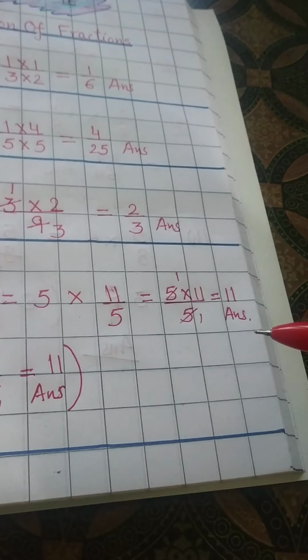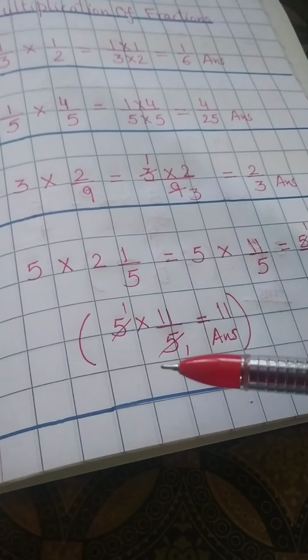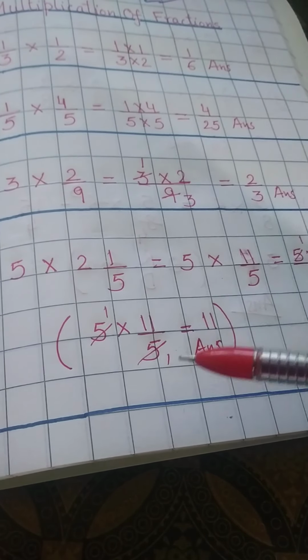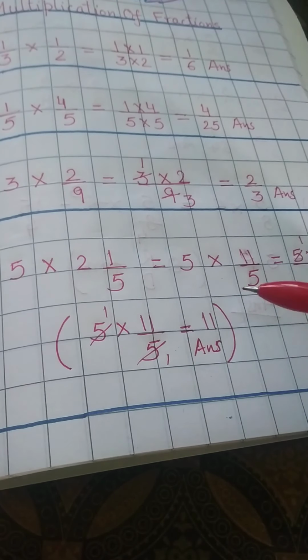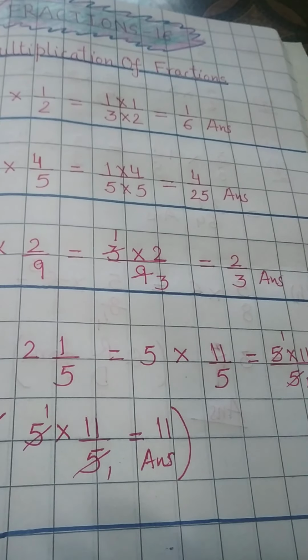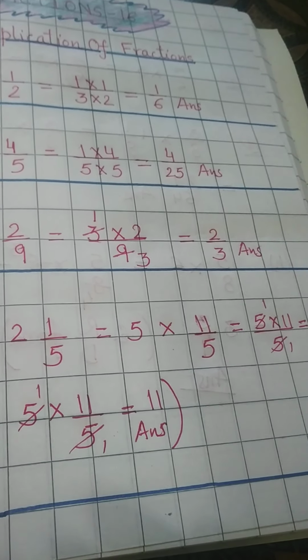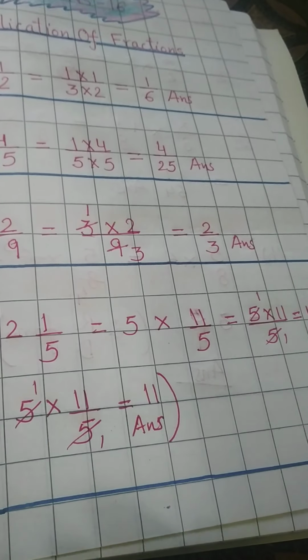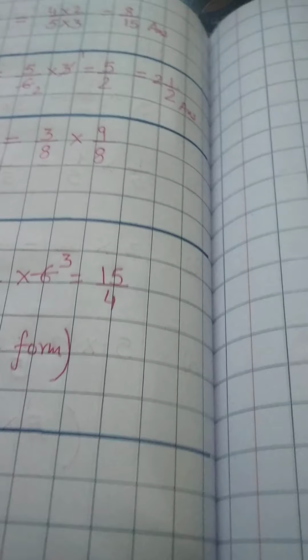So the answer is 11. Okay, you can do it like this also, 5 into 11 upon 5, and here also in this step it equals 11, right? After this, in multiplication you only have to check in cross way, numerator and denominator, whether they are in the same table or not.